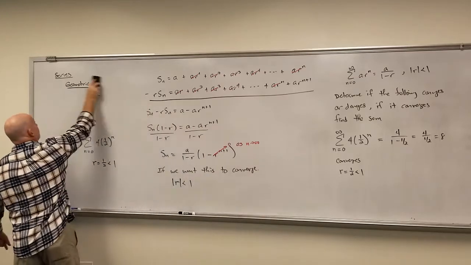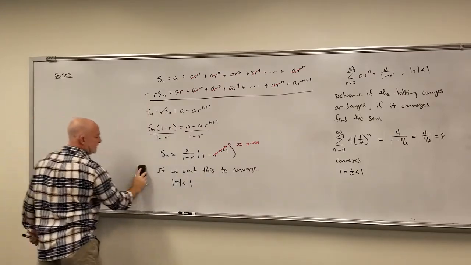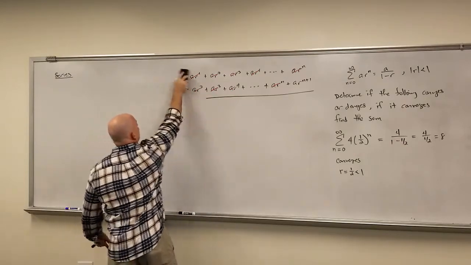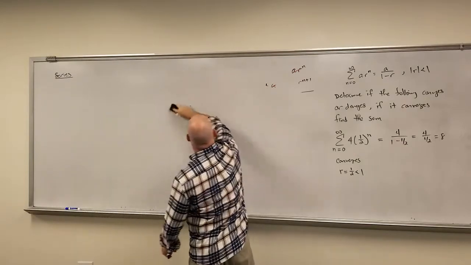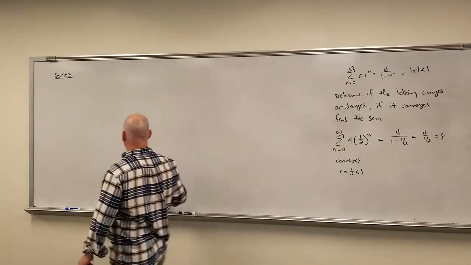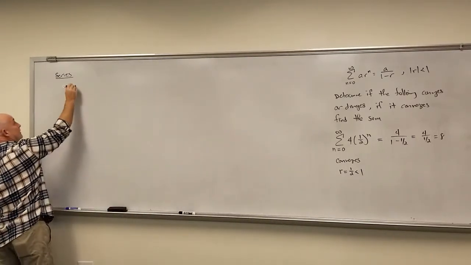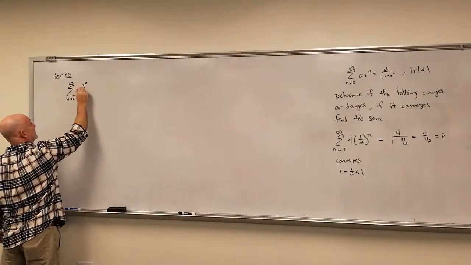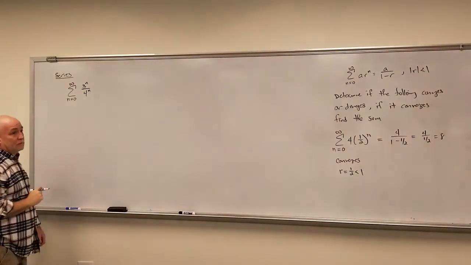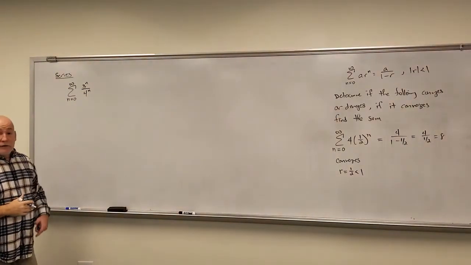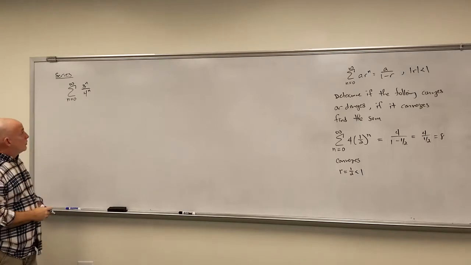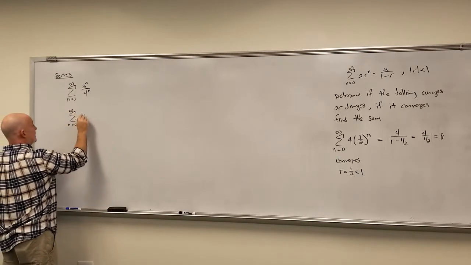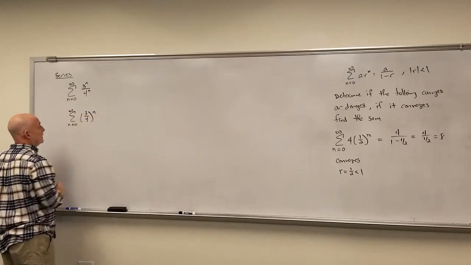All right. Now, they can kind of disguise these a little bit when they're writing them out for you. Let's do one more, same directions. Let's say I have the sum n equals 0 to infinity, 3 to the n over 4 to the n. That just looks like a ratio of two exponentials, but we can actually rewrite this sum as the sum n equals 0 to infinity of (3/4) to the n.